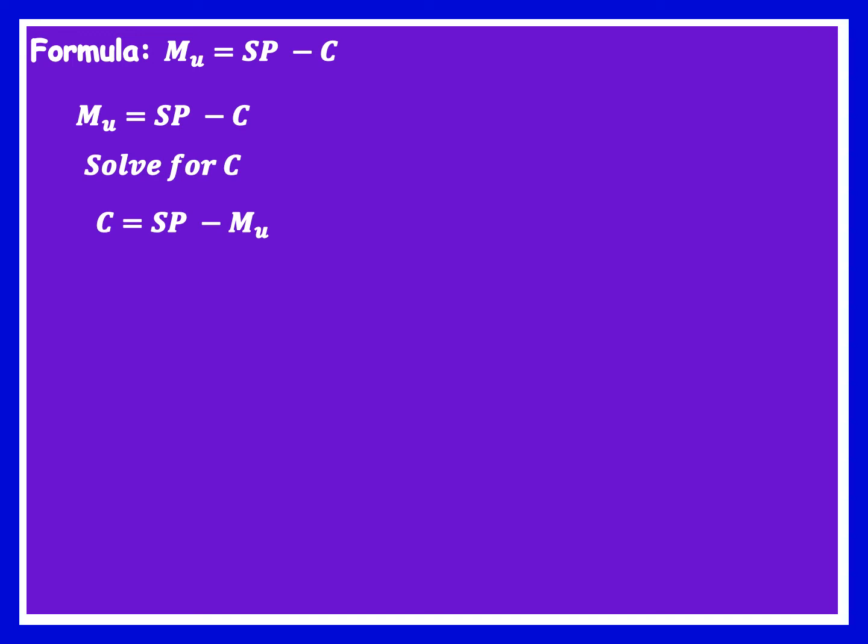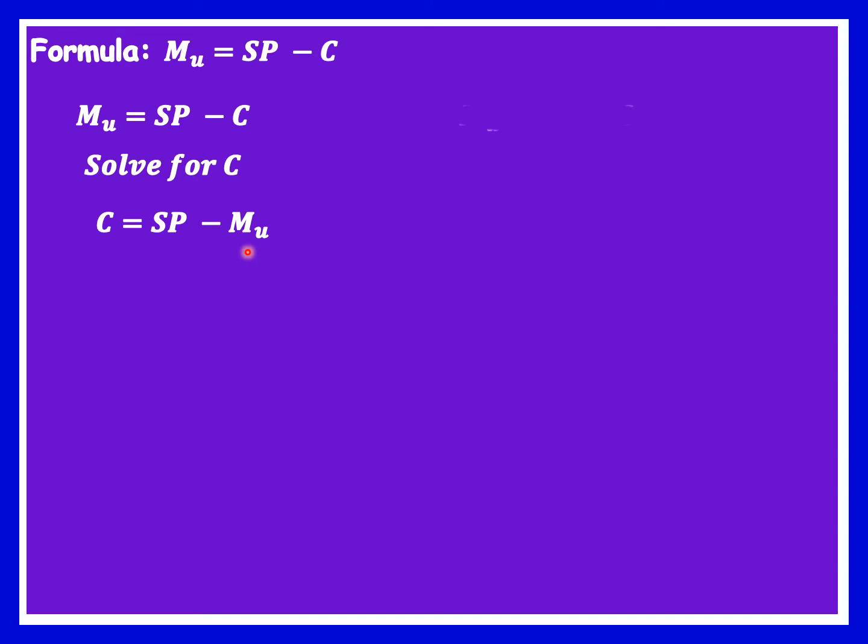Negative C will become positive C, okay? And then the positive M sub U, transposed to the right side, will become negative M sub U. Okay? So that is also the same as applying the addition property of equality.